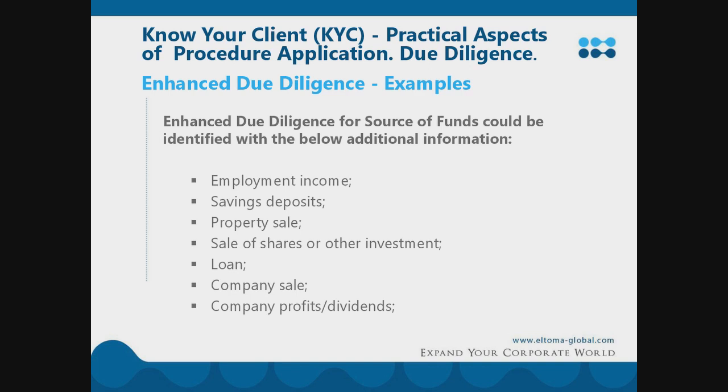So if it's a property sale, please ask the client to provide the contract of such sale. If it's a loan, again the same. Company sale, the same. For employment income, please ask the client to provide, for example, incoming transactions of his card. So you will see that the money he owns for now is from his employment.